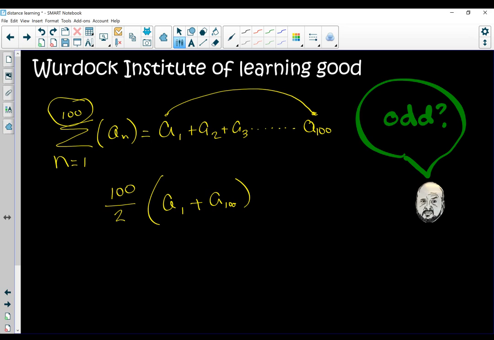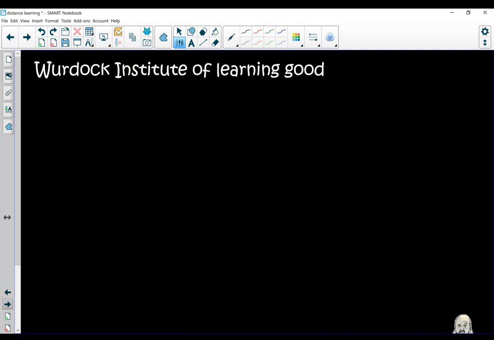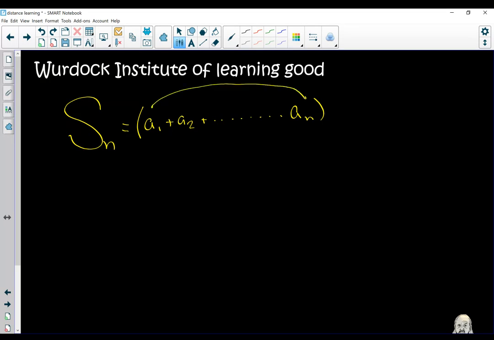So even more generically, we write it like this. To find a sum of n items, now we have to think to ourselves, there's n things on this list. Again, you're starting with the first thing. You add the second thing. You stop when you get to the last thing, and in this case, the last thing is the nth term. Same technique. The sum of the first and the last term could be expressed like this.